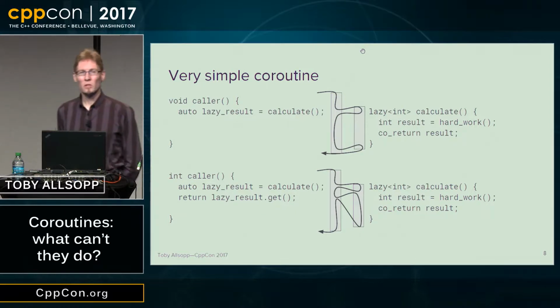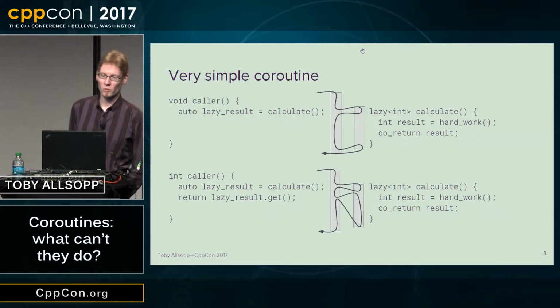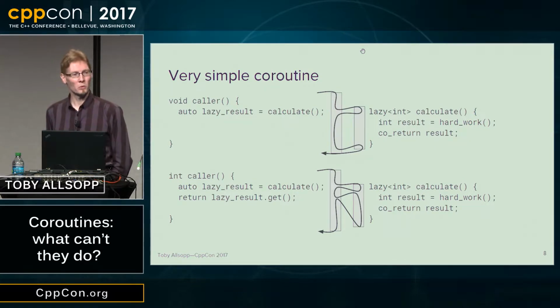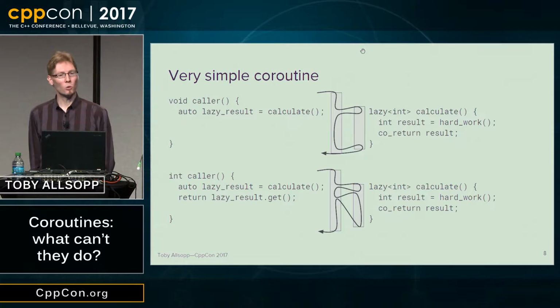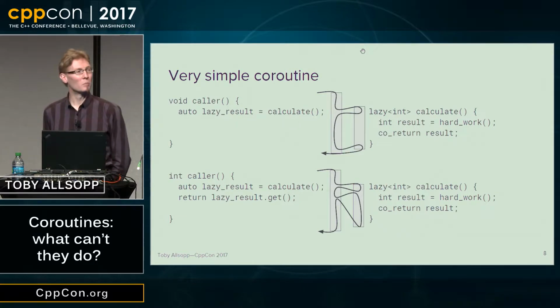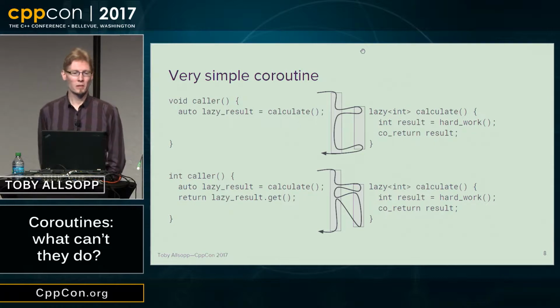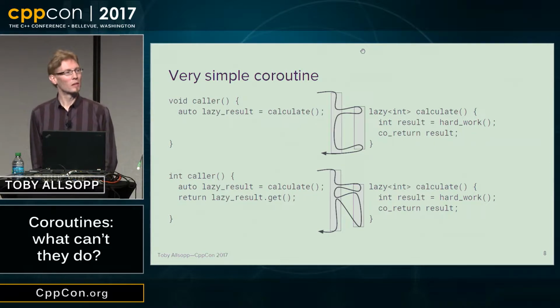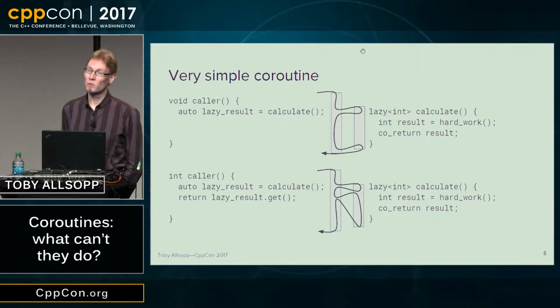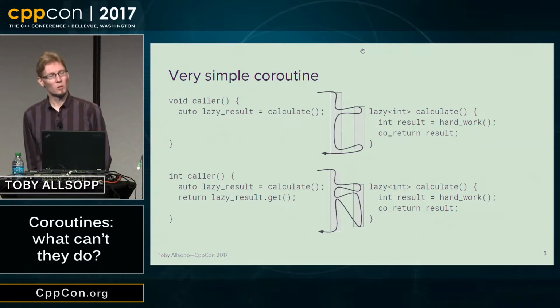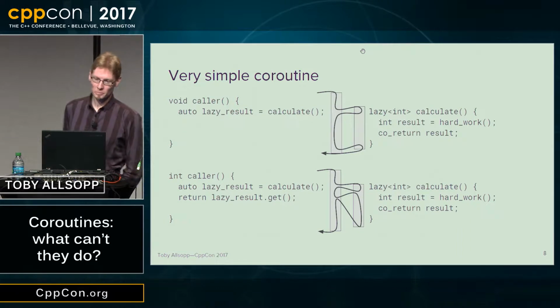So this slide shows two different ways that this coroutine can be used. So the first one, the one on the top, is where the caller calls the coroutine but never uses the result. So in that case, you can see when this lazy result goes out of scope, the destructor of the coroutine is called, destroys the coroutine.